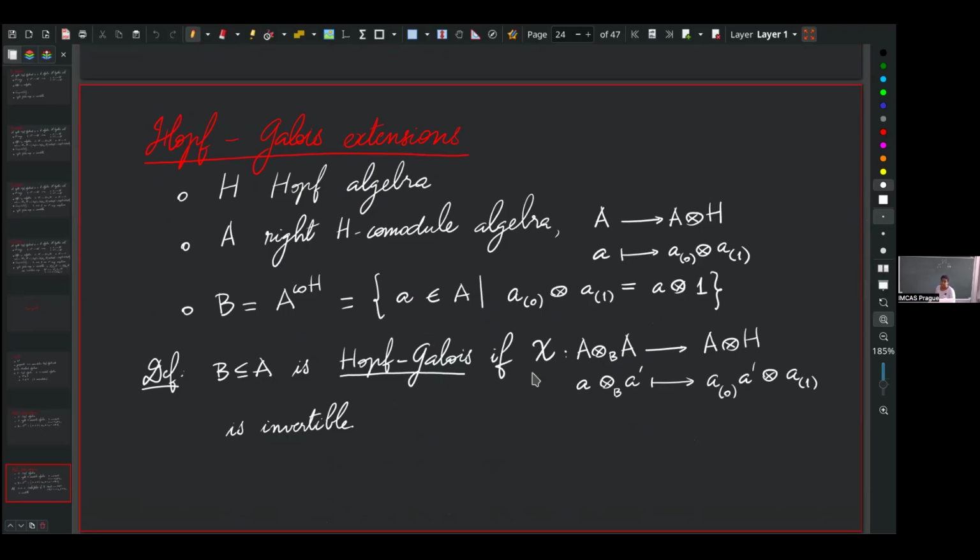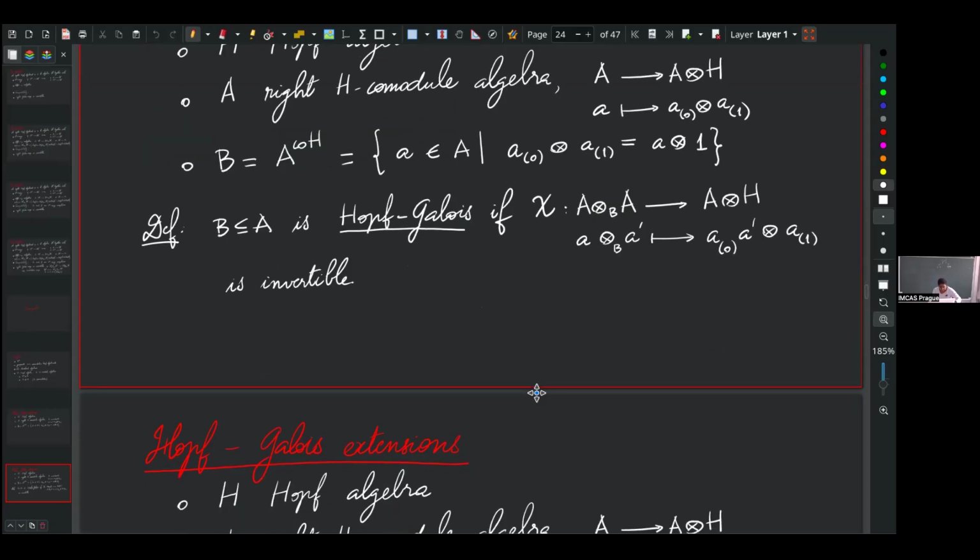Chi is like an analog of the Galois map, but for H comodule algebras.